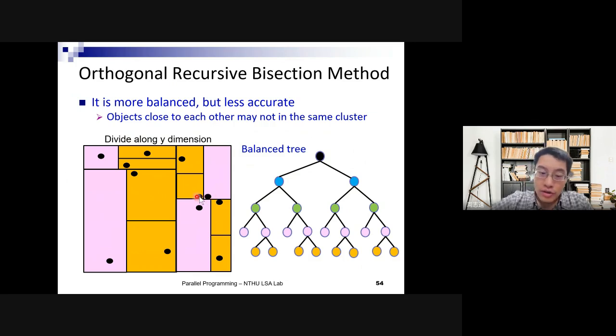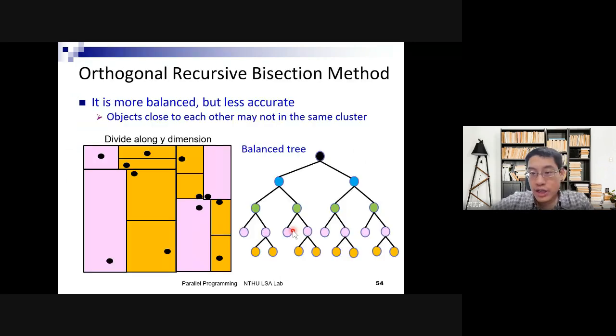So even though those two objects are so close together, unfortunately they can be partitioned into different branches. That means they have no way to be approximated as a single object. So that's why it's a trade-off. In order to make sure that the tree is balanced, sometimes we ignore the location. As a result, this approximation has worse accuracy than the previous one.